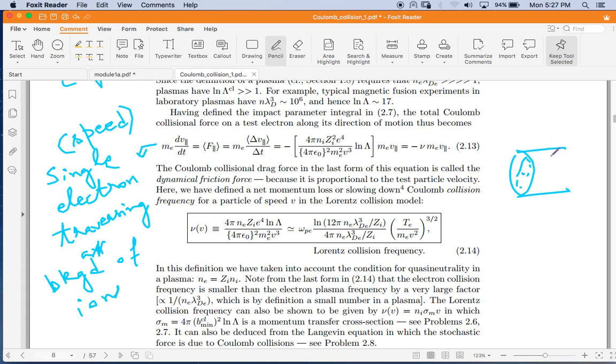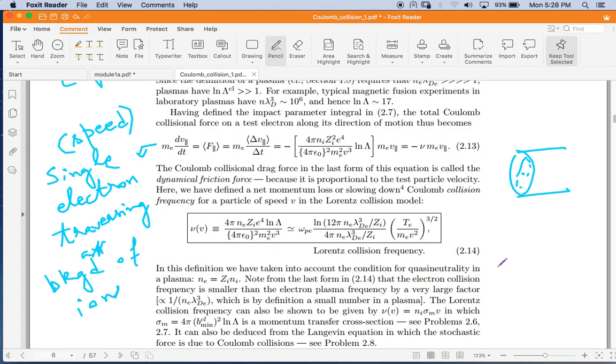The other important thing to keep in mind is that the force, which is really a decelerating force, goes directly as ln lambda. So the better the plasma, the more the deceleration.